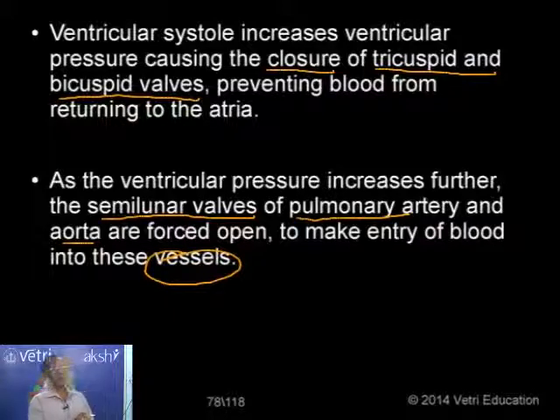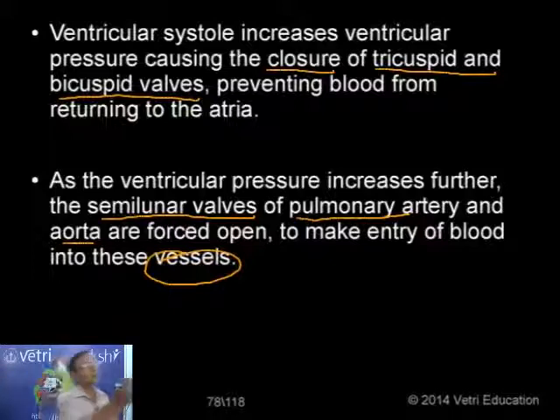So these two valves are forced to open. This is because of increased ventricular pressure. So increased ventricular pressure causes two things. One, it causes the closure of the tricuspid and bicuspid valves, and also the opening of the two valves present at the base of the pulmonary artery and the aorta, namely the semilunar valves.